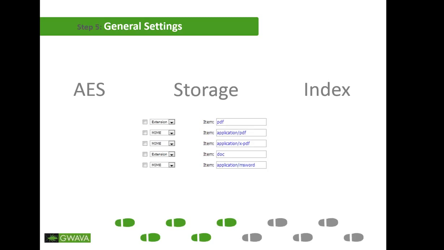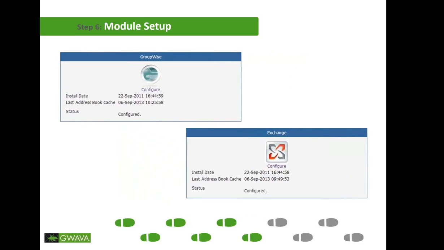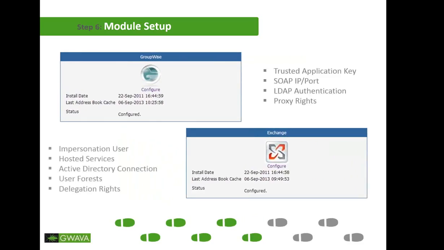So once that's done, you need to make the connection to the mail system. In this case, we have two modules configured, which is GroupWise and Exchange, and we need some specific rights for it.